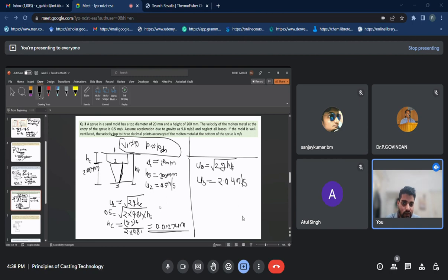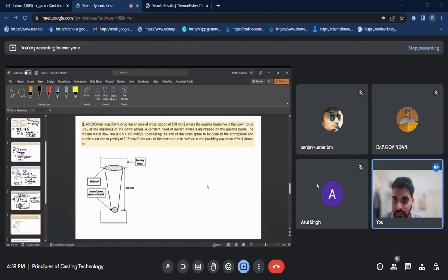If you will be solving it for the comprehensive exam, you need to specify all the assumptions you have made at each point, and you can't directly jump into these two equations. You need to directly write the Bernoulli equation between point 1 and 2 or point 1 and 3, and then calculate how these velocities are calculated.